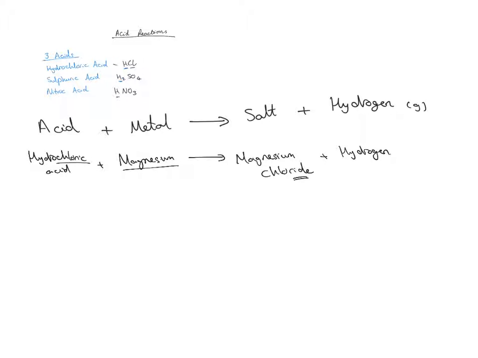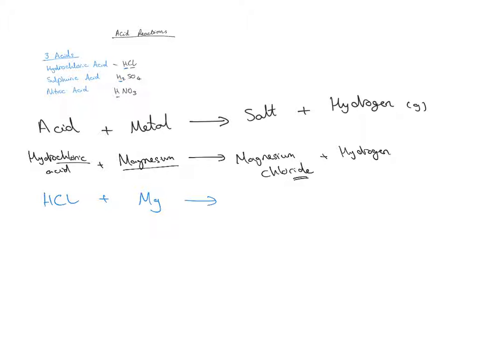Okay, now a good way to always check this is by using the symbols as well, because obviously when you have a reaction you can never create new atoms or destroy them. So if I've made up something here, I'm going to be able to spot it. So hydrochloric acid is HCl, magnesium is Mg.